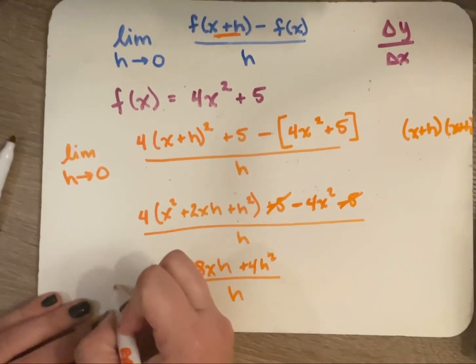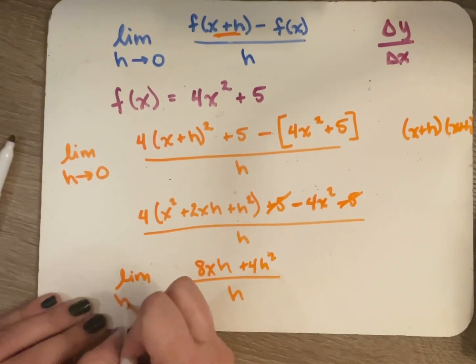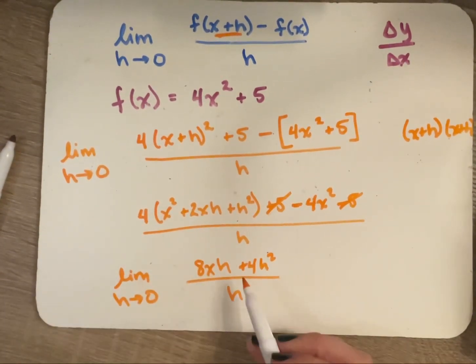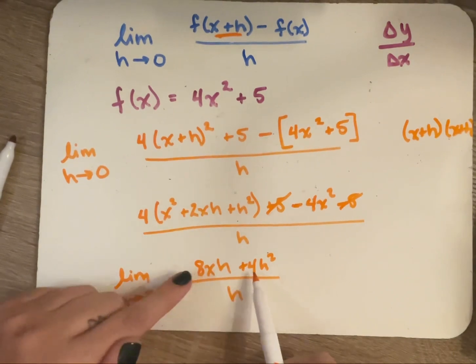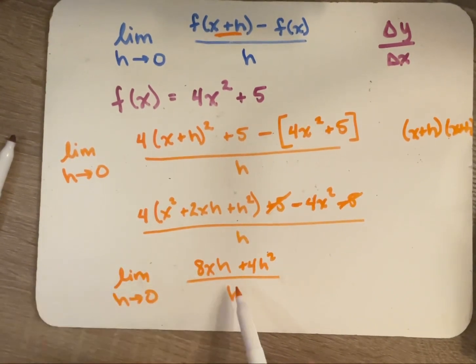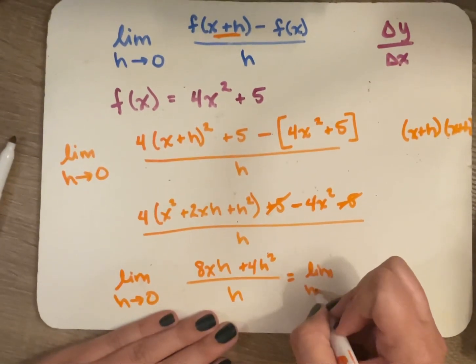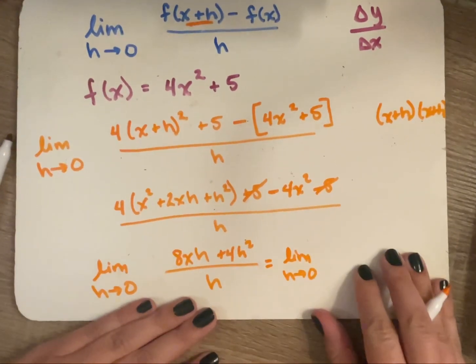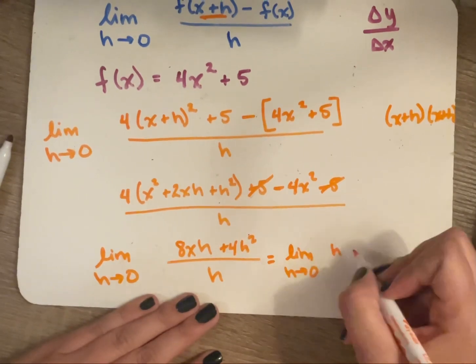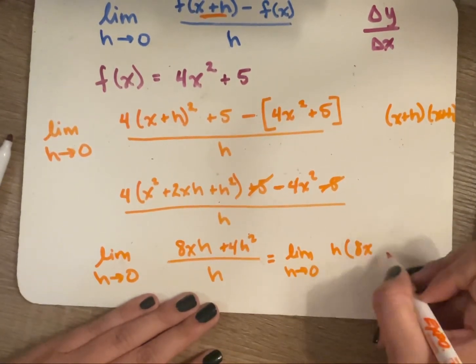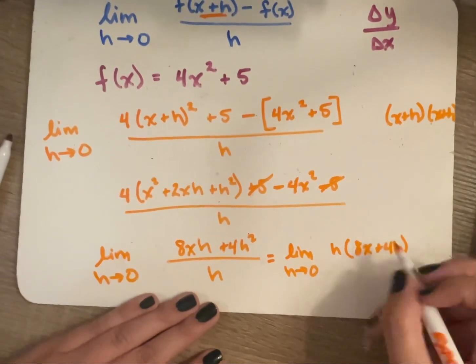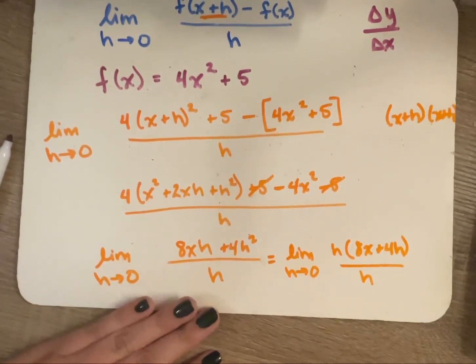Okay, so I'm still looking here for the limit as h approaches 0. And I notice that in my numerator, the two terms that remain both have an h in them. So I'm going to factor that out. So now we have the limit as h approaches 0 of h times 8x plus 4h over h.